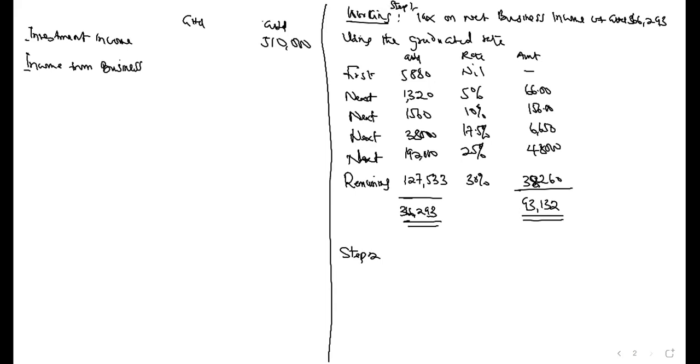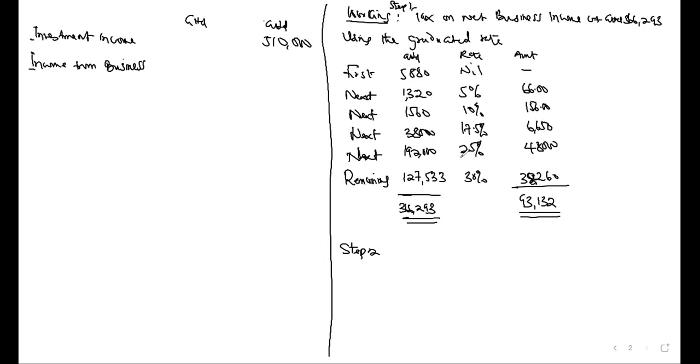You have to gross the tax you have calculated. This tax is on the net amount, so you have to gross this tax using the last rate. Why you use this rate: if the tax is 30%, it means the net amount is equivalent to 70%.